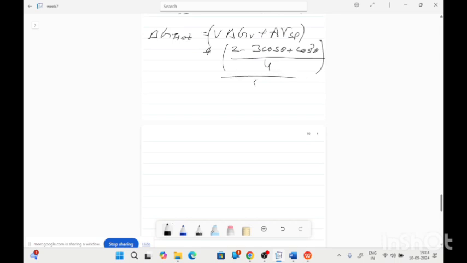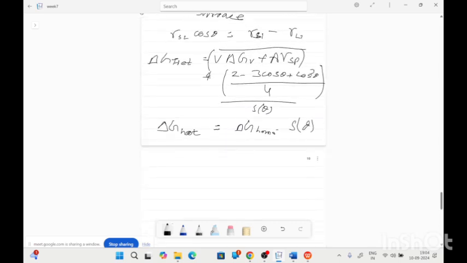This term can be written as S theta. So delta G heterogeneous can be written as delta G homogeneous multiplied by S theta.